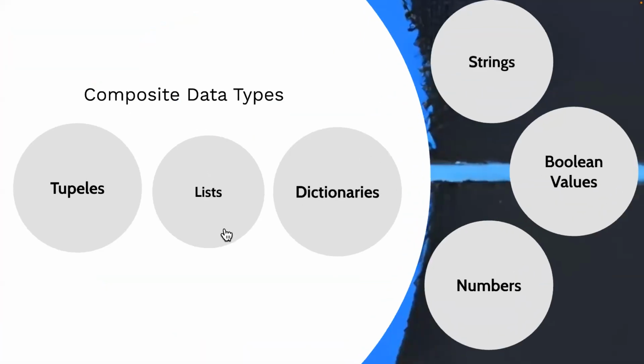Let's talk about types of data that we will encounter in programming, right? In general, but specifically now in Python. So I've listed the composite data types on the left-hand side here and the non-composite data types. Who can tell me the difference between a composite data type and a non-composite data type? Someone said it earlier.